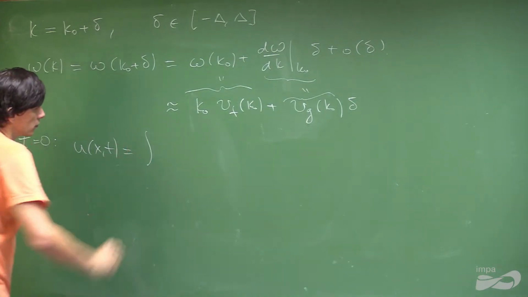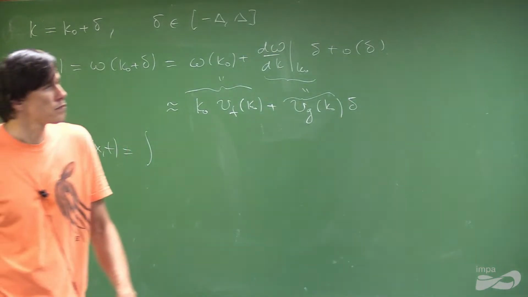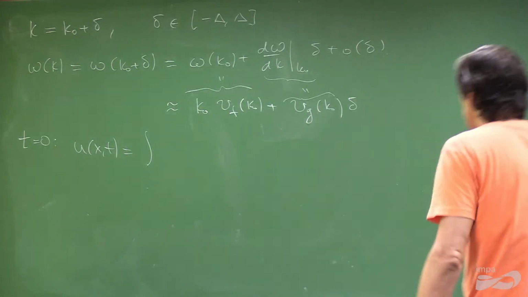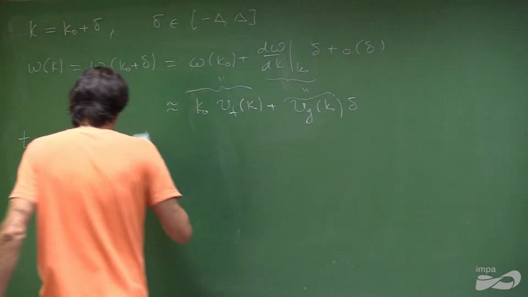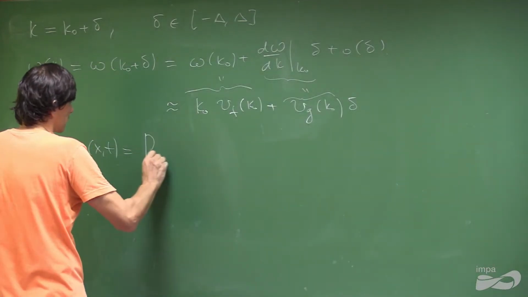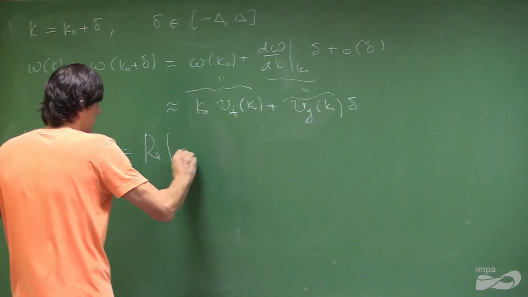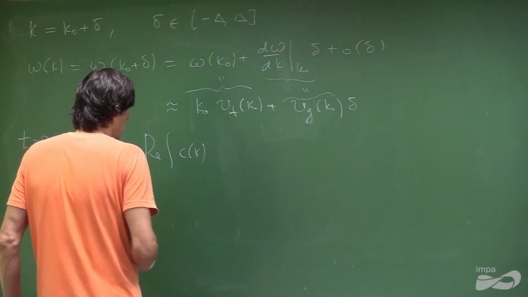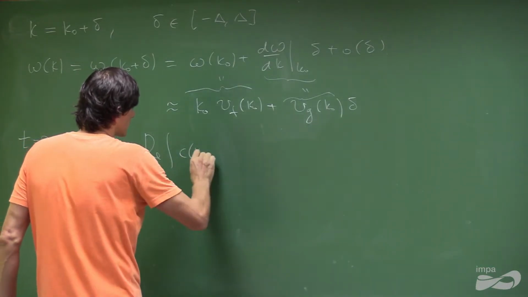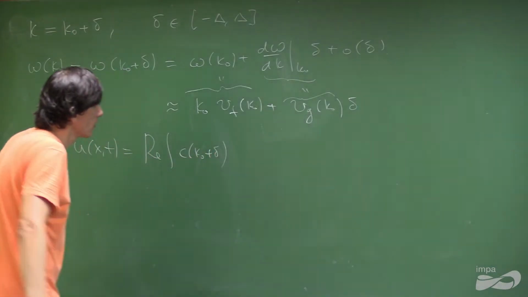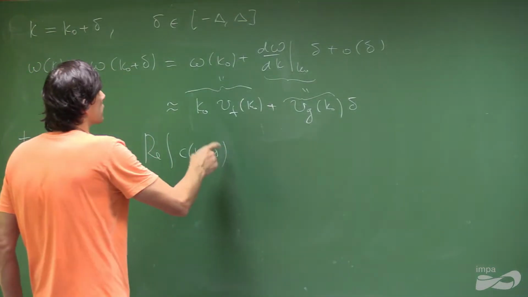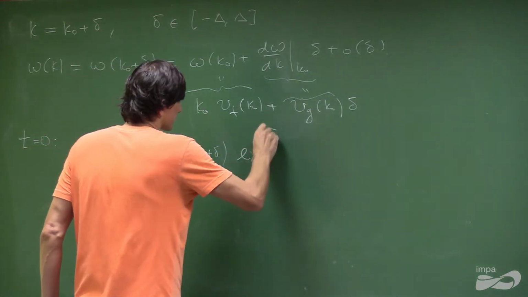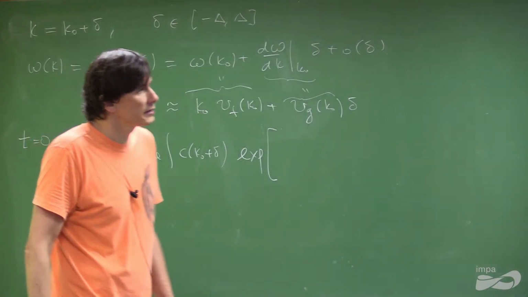So it's an integral, or rather the real part of the integral, of c(k), and now we can write k as k0 plus delta, by the exponent, and then it's minus kx.